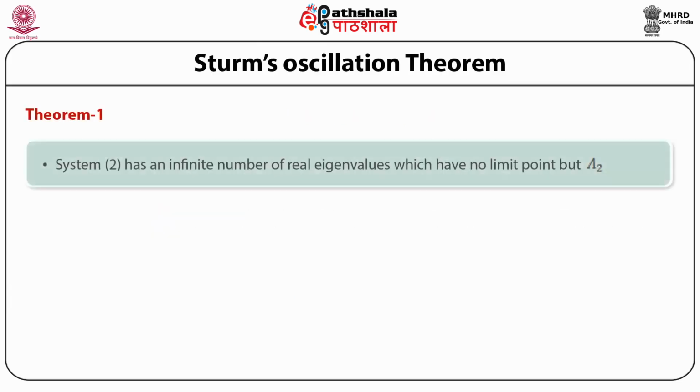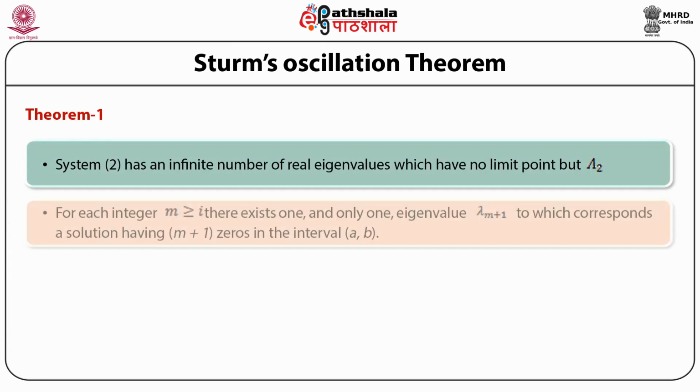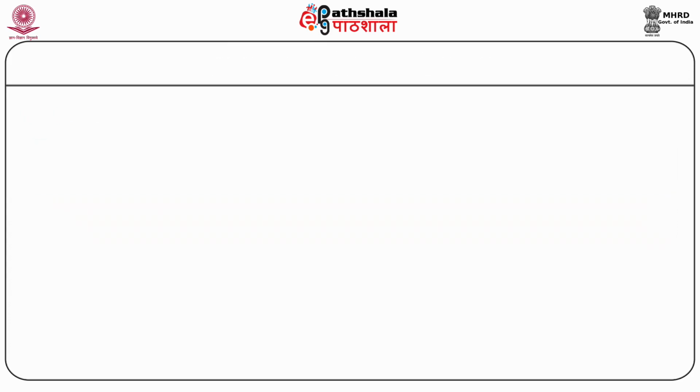Theorem 1. The system described by equation 2 has an infinite number of real eigenvalues which have no limit point but Greek lambda 2. For each integer m greater than or equal to 0, there exists one and only one eigenvalue lambda m plus 1 to which corresponds a solution having m plus 1 zeros in the interval a to b.